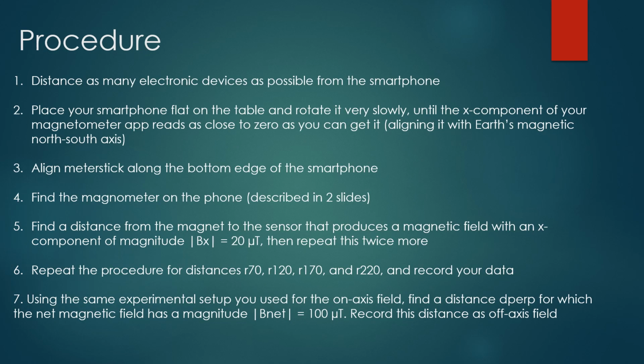This slide describes the procedure of the lab. You want to distance any electronic devices to reduce their impact on the experiment, and then place your smartphone on the table.